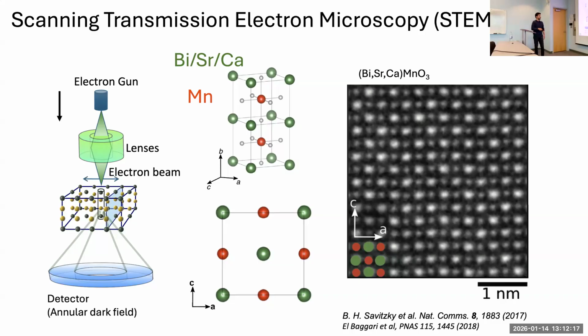That's because in this imaging mode, my intensity scales with the atomic number. Heavier elements will scatter more to higher angles, so I get more signal. The lighter elements will scatter less, so I get a weaker signal. And you'll note that the oxygen atoms are not visible in this image. That's just because the cross-section is too small in this particular imaging mode.